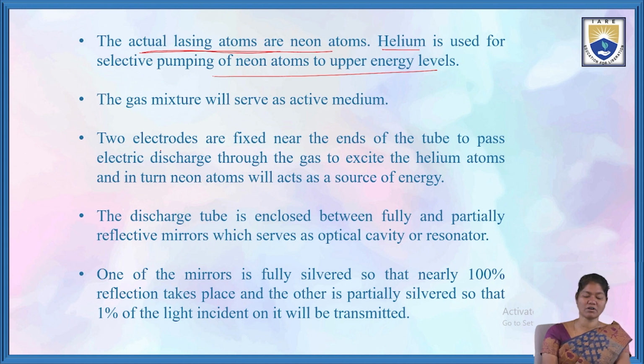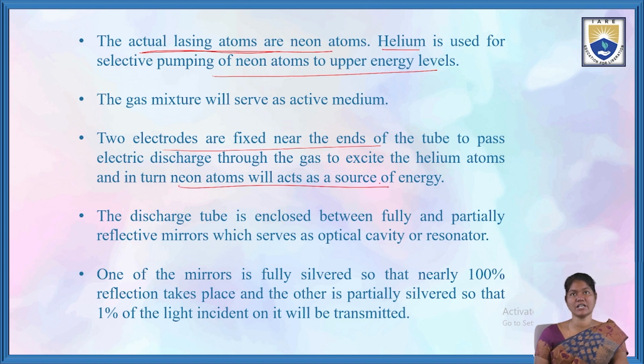Two electrodes are fixed near the ends of the tube to pass an electric discharge through the gas to excite the helium atoms, and in turn the neon atoms act as the source of energy. The discharge tube is enclosed between fully and partially reflective mirrors, which serve as the optical cavity or optical resonator.